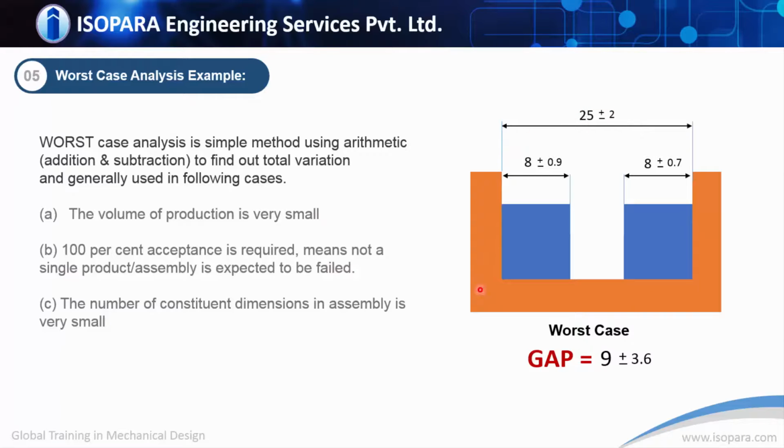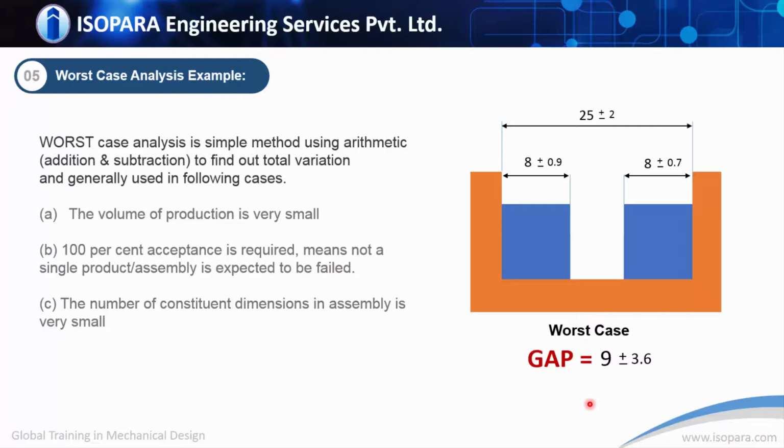Now, by doing simple arithmetic operations on tolerances, we can say that the resulting gap will have a variation of tolerance as 3.6 and mean value of gap will be 9 mm. We will further study this method in detail in upcoming slides.